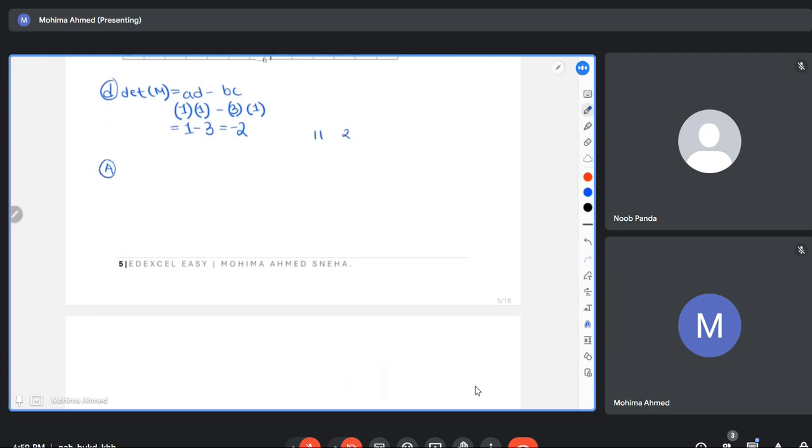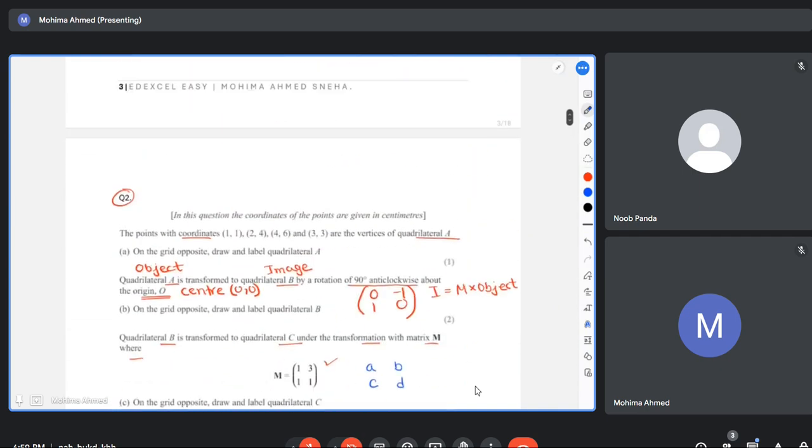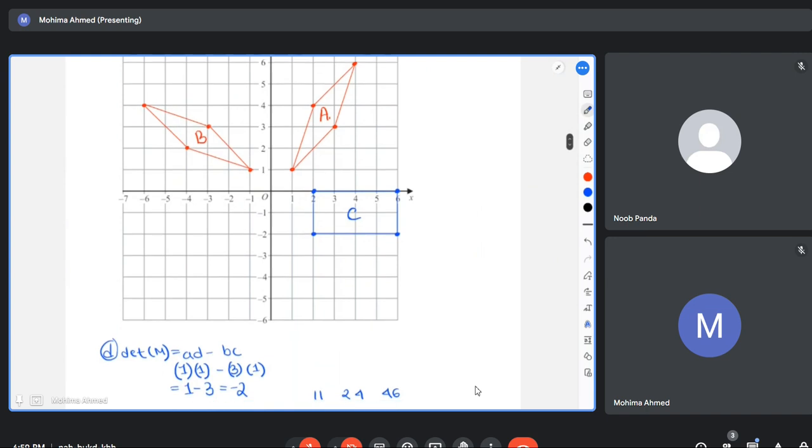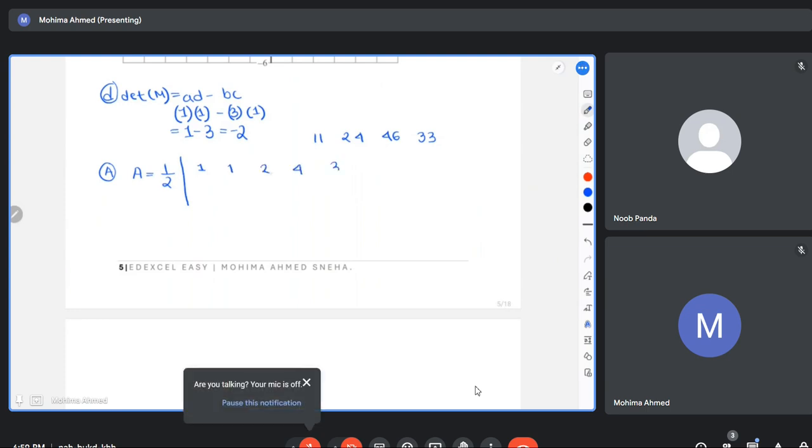1, 1, 2, 4, 4, 6, 3, 3. Now the formula was this: area is half modulus of the x row 1 2 4 3 and then again 1, because you remember x1 x2 x3 x4 and then again x1.